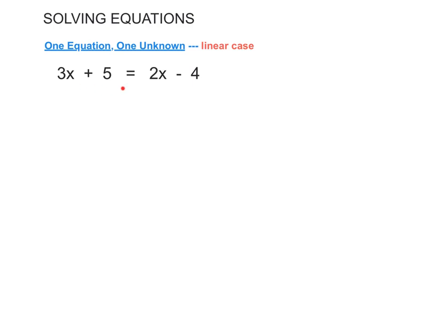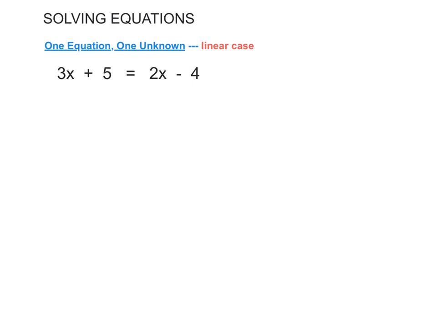Now, when you're solving this or any equation, the basic idea is to think about this as a balance. We're saying this side balances that side. So if you like, think of a scale. That means that anything I do to this side, if I do the same thing to that side, they'll remain balanced, in other words, equal.